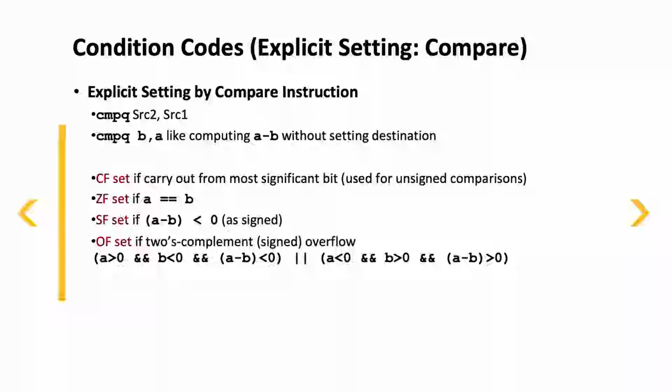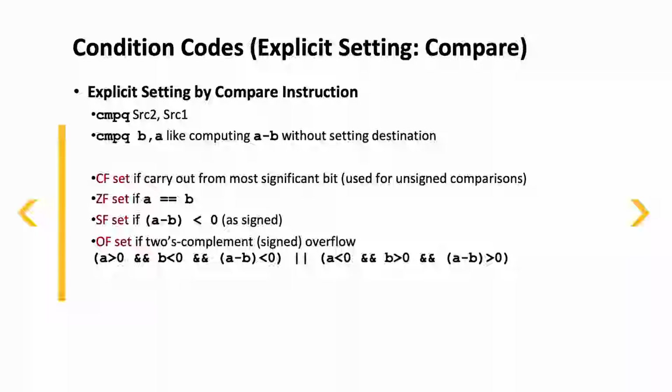In this case, we have it set up as source 2, source 1, because remember, with machine code, in a lot of these, we're doing things sort of the opposite of what we would normally think of in C. So if I want to compare A and B, then this command is like computing a minus b, but I'm not going to set a destination. I'm not going to preserve the result anywhere. I'm just going to do the computation and throw out the result, because all I'm trying to do is set my flags.